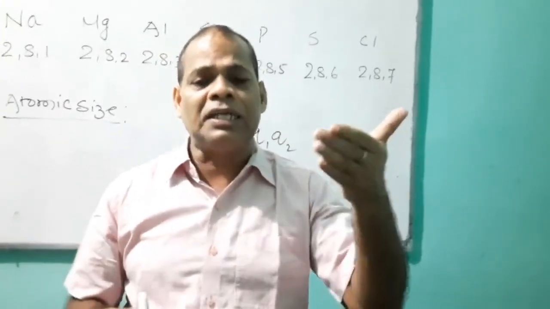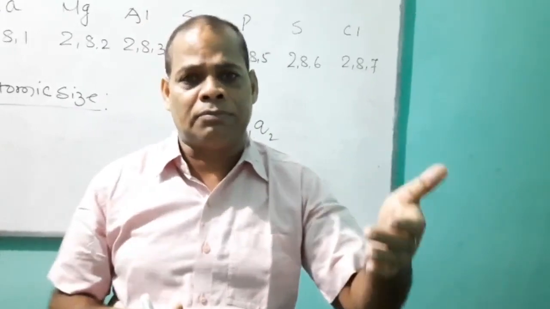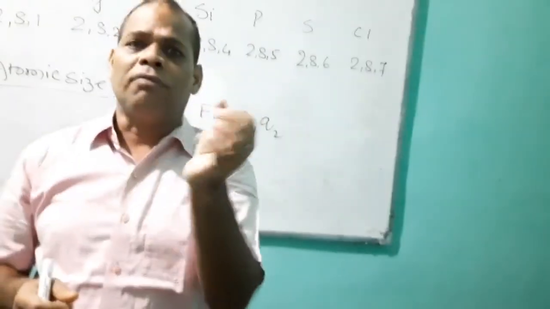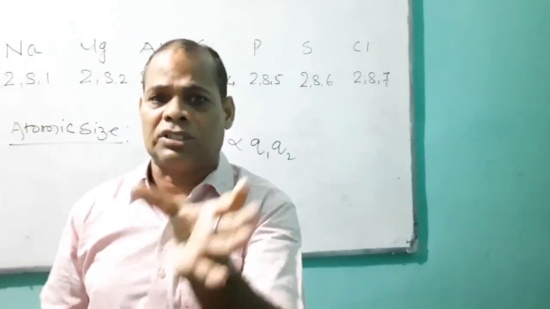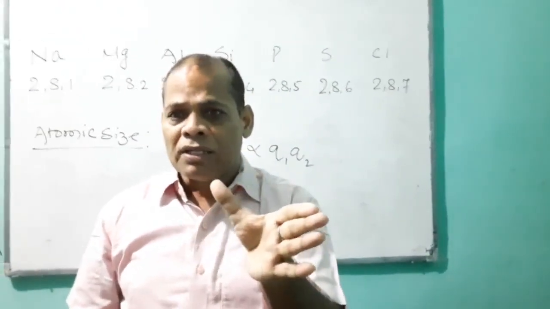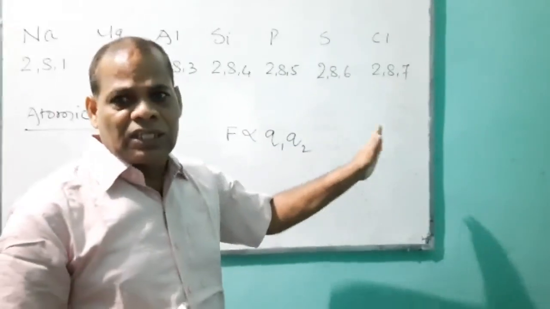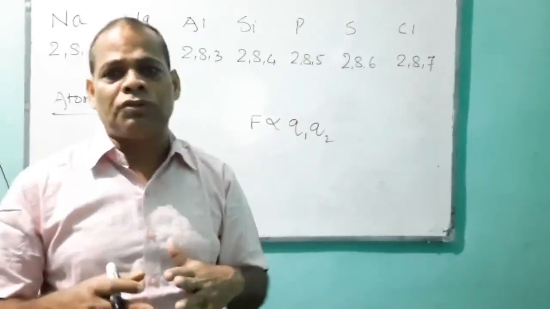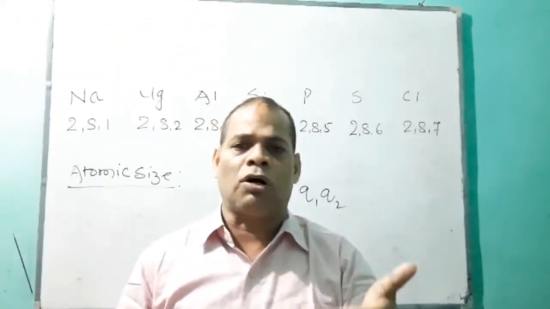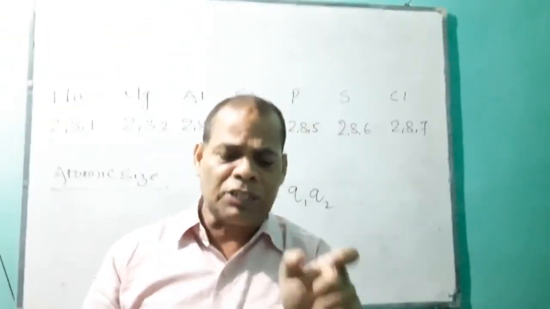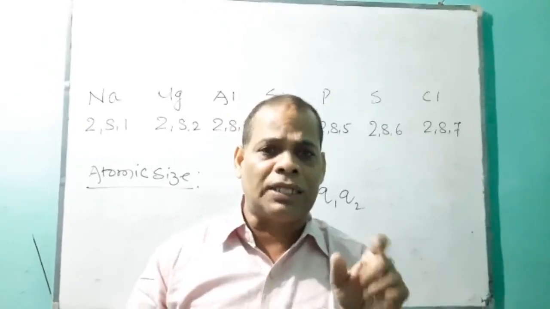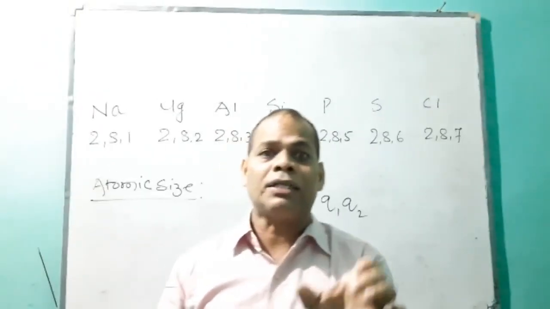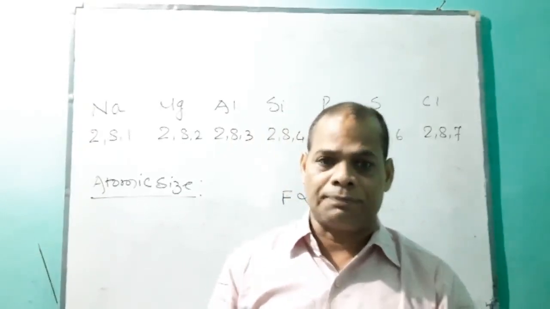There is a decrease in the size of an atom, and the net effect is called effective nuclear charge. Due to the increase in the magnitude of the charge, the electrostatic force of attraction increases, and this effect we call effective nuclear charge.